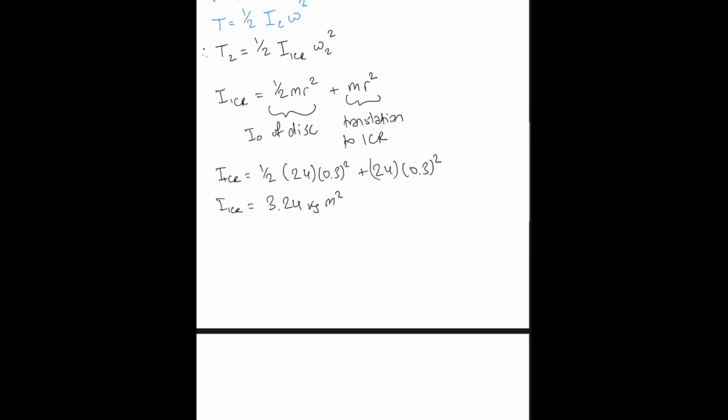Now for the work done from 1 to 2, that's going to be equal to the force multiplied by the change in distance, which is given to be 100 multiplied by 1.8. Therefore, the work done is going to be equal to 180 Newton meters.